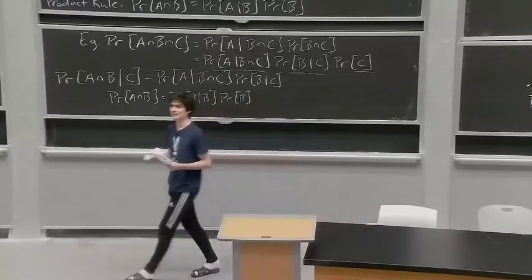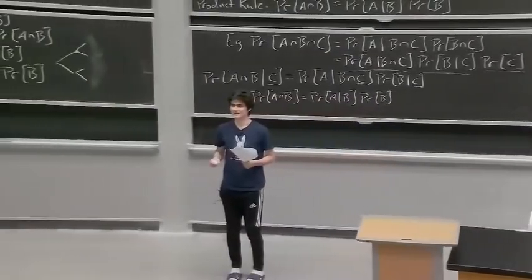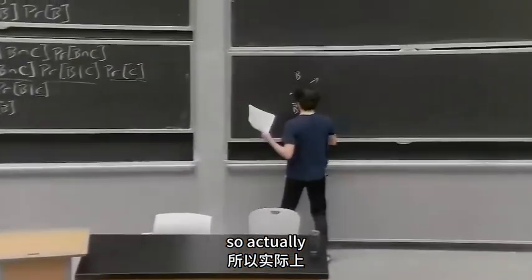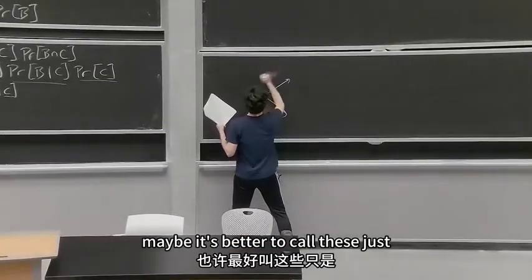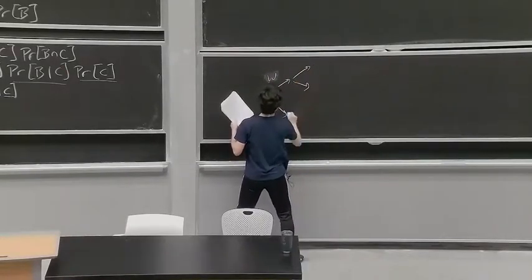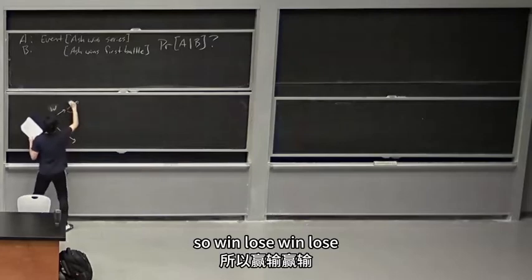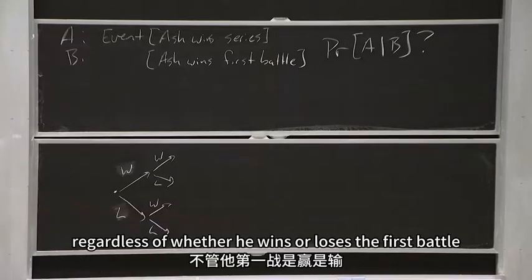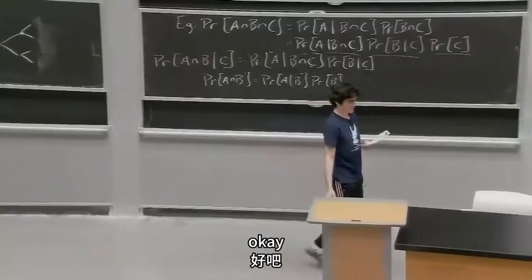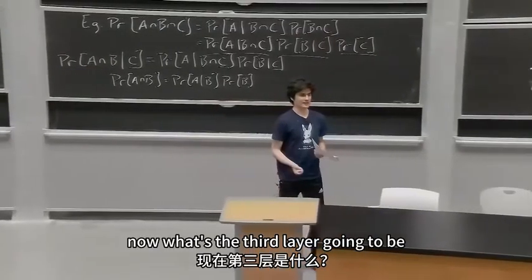Yeah, that's right. Actually, maybe it's better to call these just W and L so we can use the same thing everywhere. So win, lose, win, lose. Regardless of whether he wins or loses the first battle, he can still either win or lose the second one. Now, what's the third layer going to be?